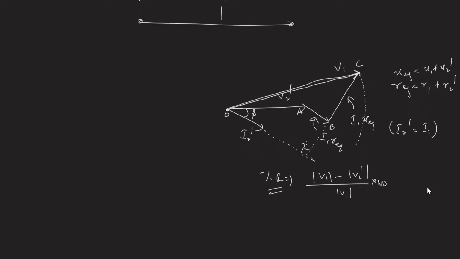And extend the OA line like this, and drop perpendicular lines from point B and point C to this line.